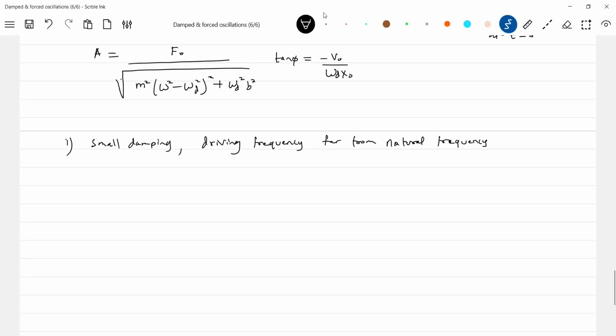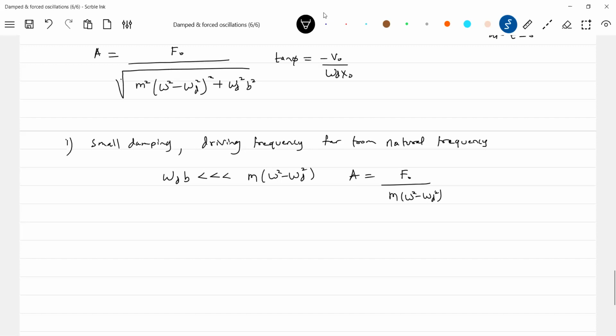Far from natural frequency means omega_d greater than omega. Here we write the condition that omega_d b is much smaller than m omega_d squared. Then the amplitude of oscillation is given by F naught over the corresponding expression.